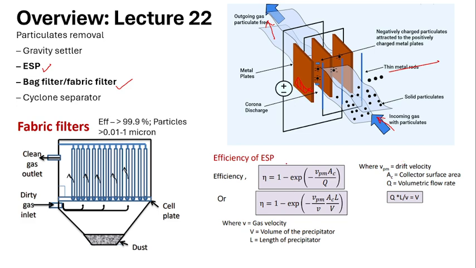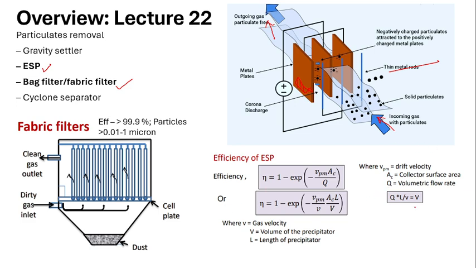So eta, the efficiency, is equal to 1 minus e power minus w into Ac divided by Q, where w is the drift velocity of the gas molecules, and Ac is the collector surface area. So here is the collecting area, the dust collecting chamber. So what is the area of that collector? And Q is the volumetric flow rate of the gas.